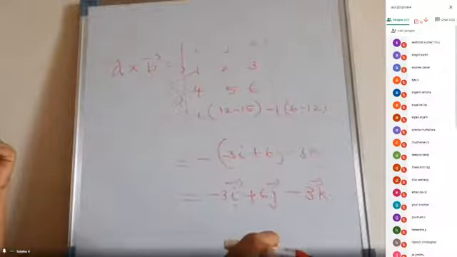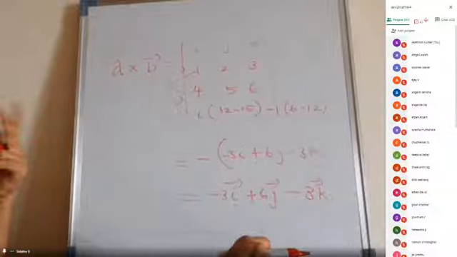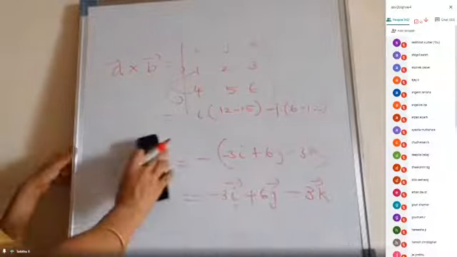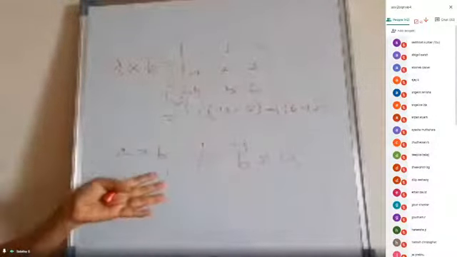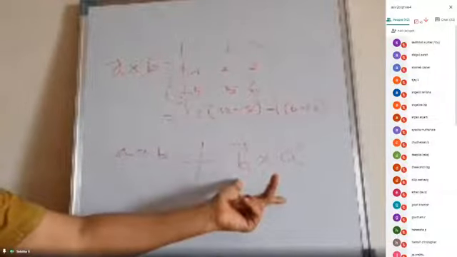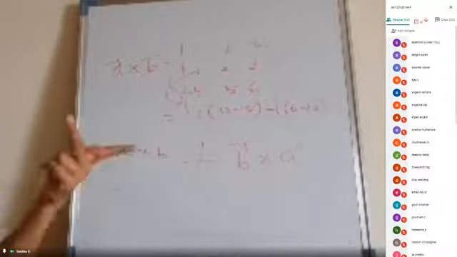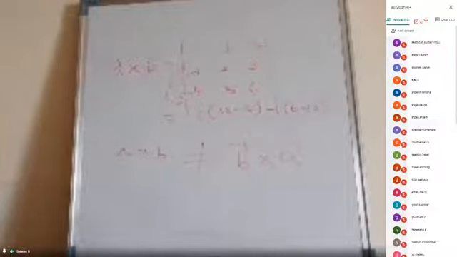Correct or not? Same idea. Therefore, A cross B is not equal to B cross A. You are getting one vector here, and here you are getting minus of this vector. So they are not equal. So cross product is not commutative.